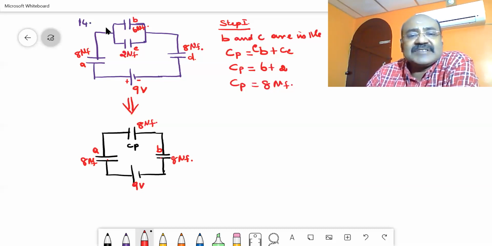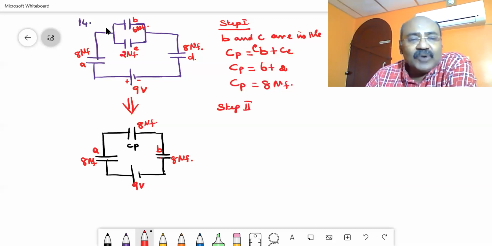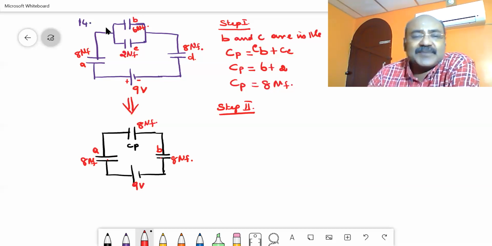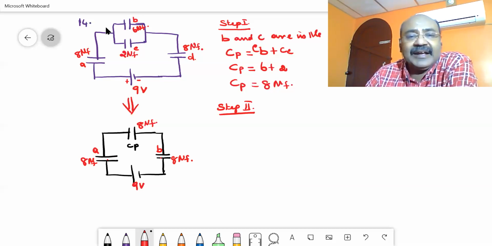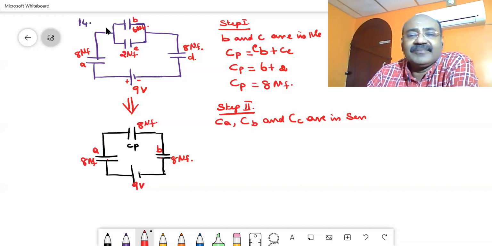Step 2. All these three capacitors are in series with this potential. So capacitance CA, capacitance CP, and capacitance CD are in series combination.